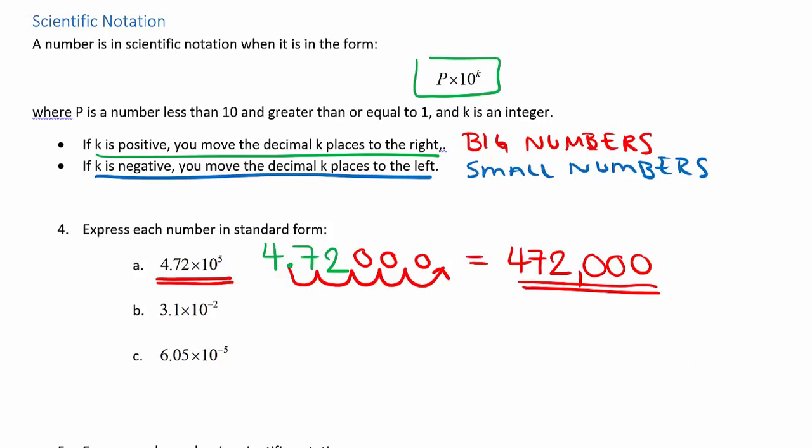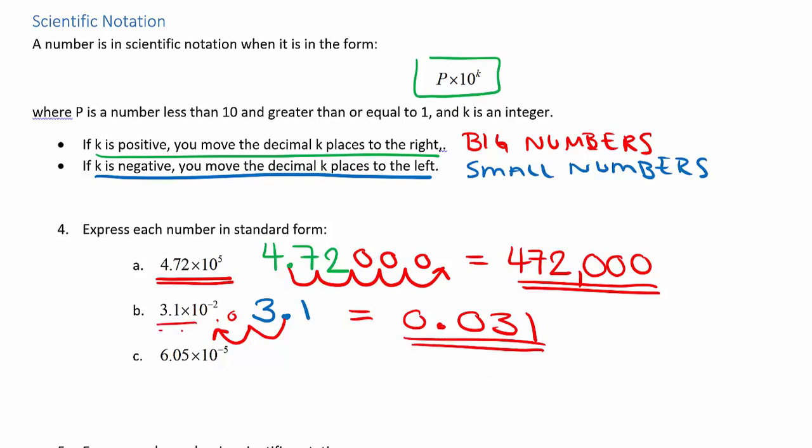So in example B, I've got 3.1 times 10 to the negative 2. So now I'm going to take the decimal, and move it 2 places to the left. I have to put a 0 in there, and I get 0.031. It's the exact same thing as 3.1 times 10 to the negative 2. So negative exponents give me small numbers.